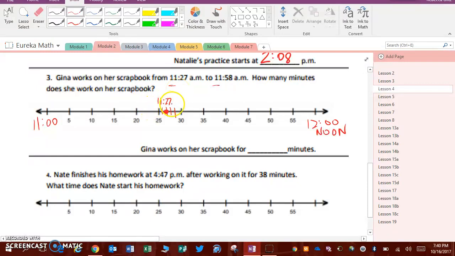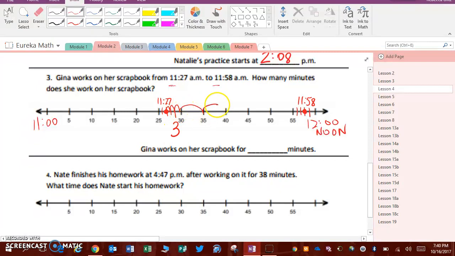Now I need to find 58. So 58 is between 55 and our next hour. So here's 56, 57, 58, 59. So I'm going to put a point at 11:58. Okay. So now I have to count up, figure out how many jumps I made from 11:27 to 11:58. So count by ones. 1, 2, 3. So that's 3.